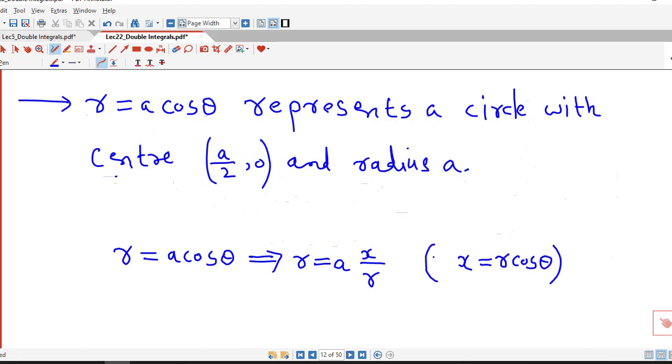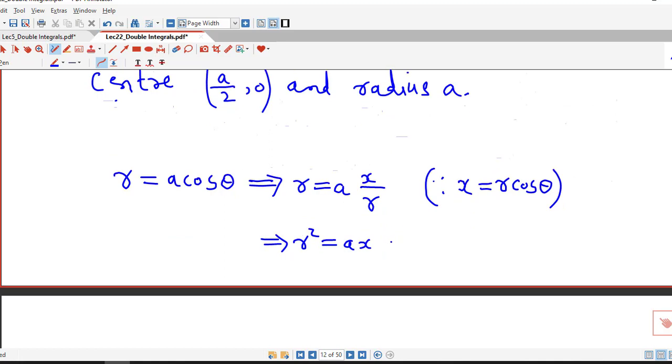So from r equal to a cos theta we obtain r square equal to a into x. Now r square is nothing but x square plus y square, so x square plus y square minus a into x equal to 0.